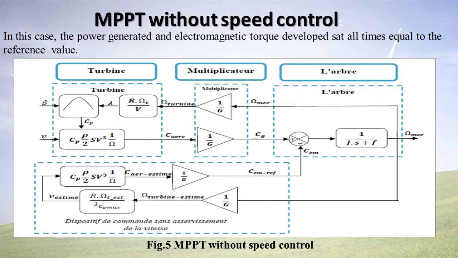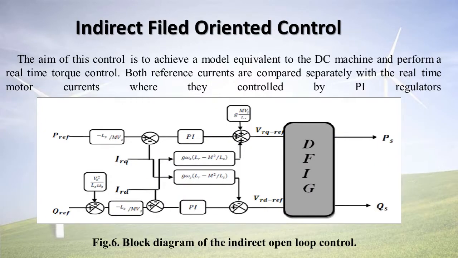In this case, the power generated and electromagnetic torque developed settle to the reference value. In this case, we consider the mechanical torque developed as zero, so neglecting the viscous friction torque is zero.